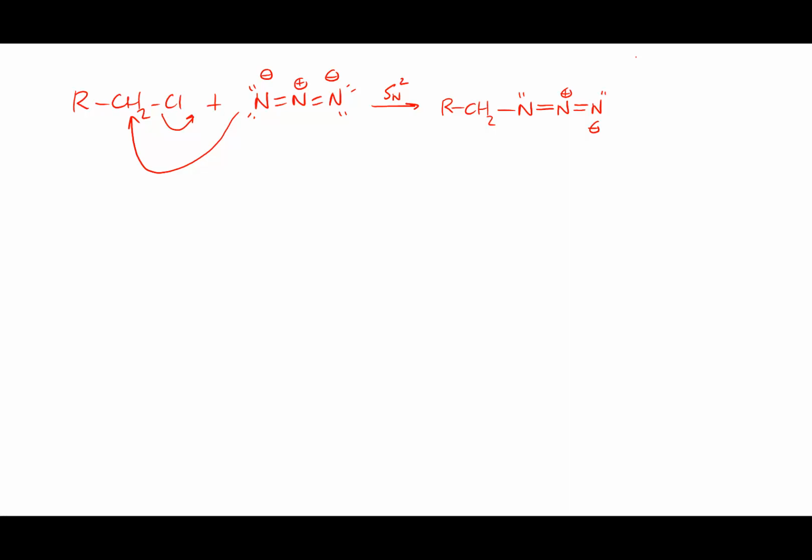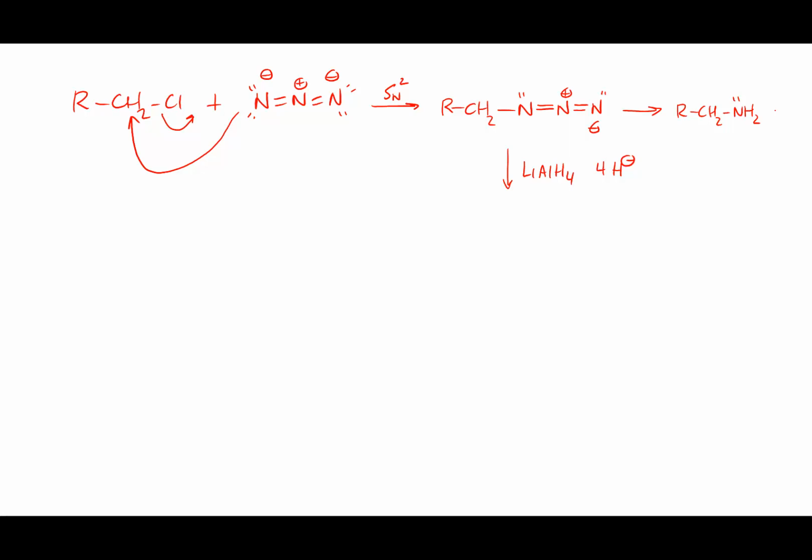Now, how do we reduce this when we treat this with lithium aluminum hydride, which again is a source of 4 H minuses? How do we convert that to the final product, which is going to have a CH2 and an NH2? So we're going to reduce the azide down to an NH2 group. Well, here's what happens.